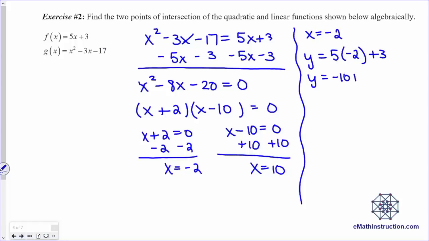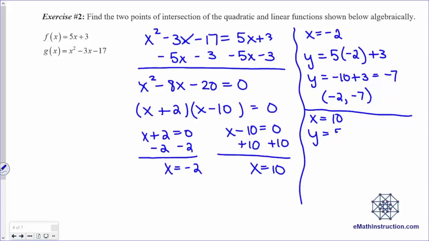So that'll be negative 10 plus 3, and that'll be negative 7. So one point of intersection is negative 2, negative 7. And when x is equal to 10, we'll have y equals 5 times 10 plus 3, y equals 50 plus 3, or 53 for the intersection point 10, 53.